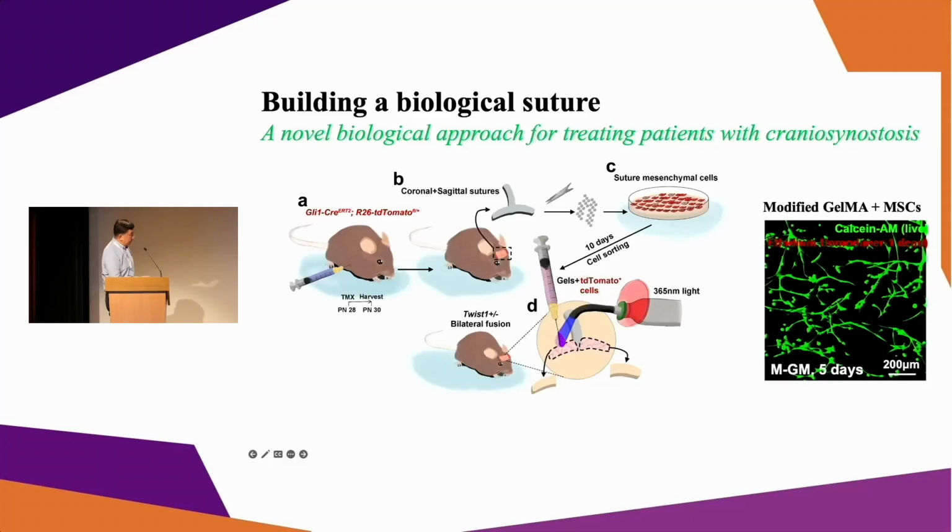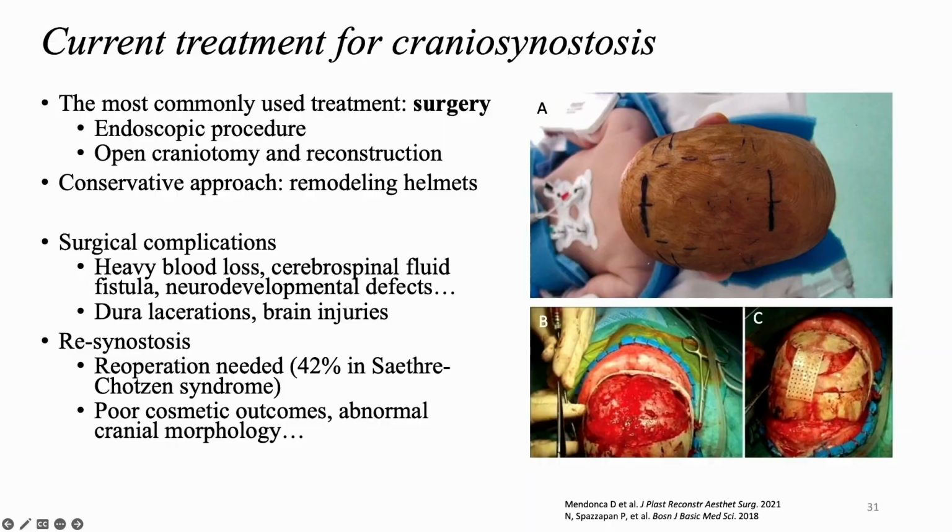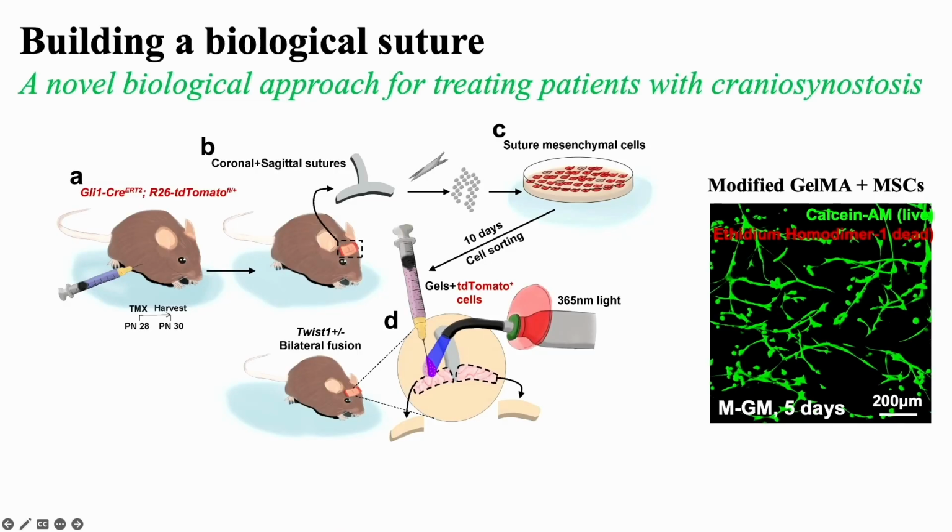Currently, when a patient comes in with these suture fusions, they undergo very extensive surgical procedures to correct the skull deformity. And we wanted to ask the question whether we can use a biodegradable material combined with the GLI1 positive stem cells to regenerate a suture so the skull bone can grow along with this new suture.